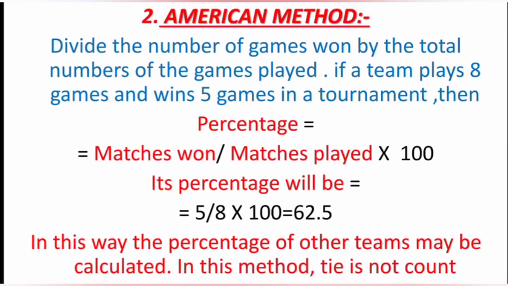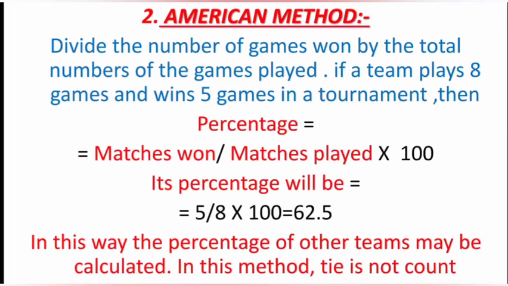Okay class, in the next page I'm telling about the American method to know the winner in league tournaments. In the American method, divide the number of games won by the total number of games played. If a team plays 8 games and wins 5 games in a tournament, then the percentage of points is equal to matches won upon matches played into 100.